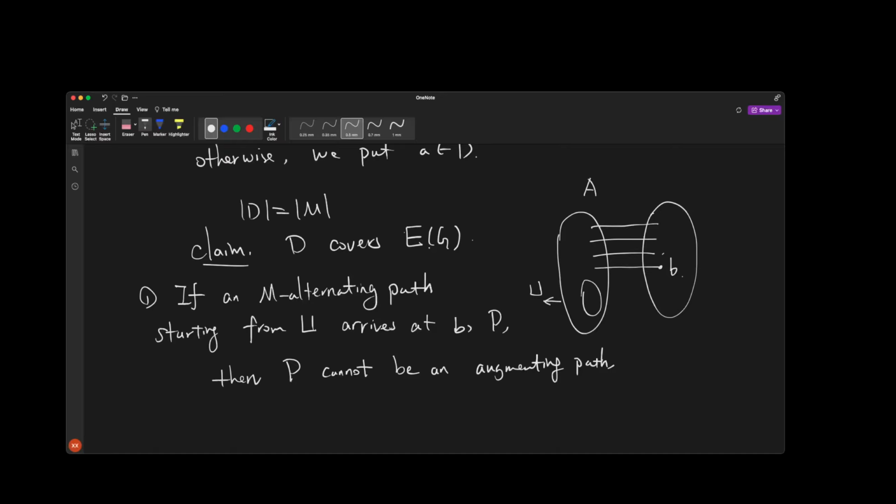Okay, so it implies what? Because you somehow, for example, arrive at B. This is an alternating path. You arrive at B, but P is not an augmenting path, right?